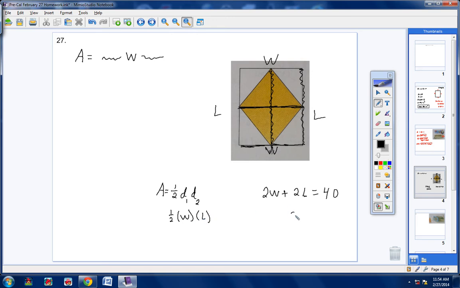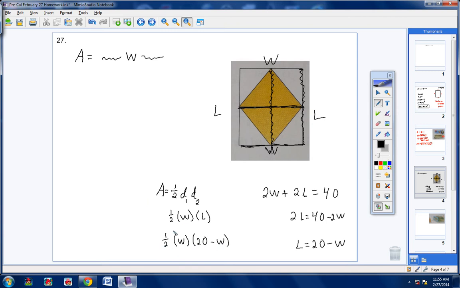Let's see. 2L equals 40 minus 2W. Now divide everything by 2. L equals 20 minus W. So where the L is, I can now substitute 20 minus W. And now you can just take your W and multiply it through and then take your 1/2.